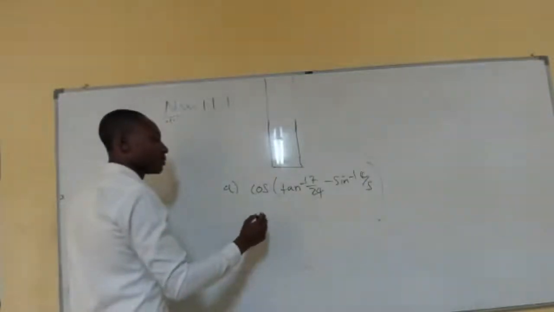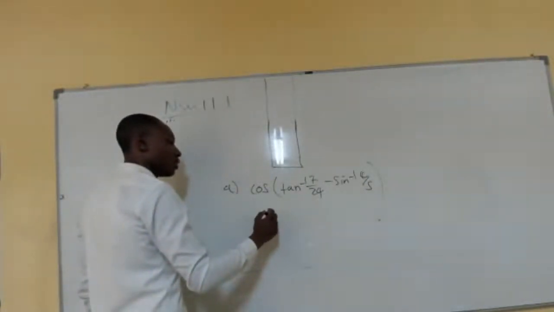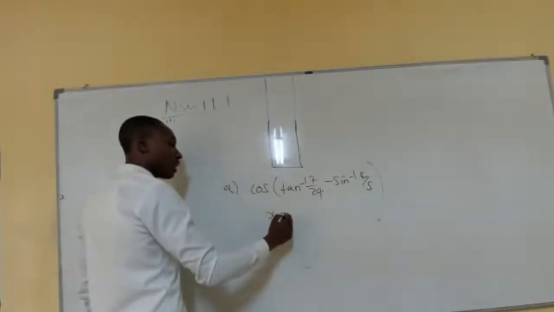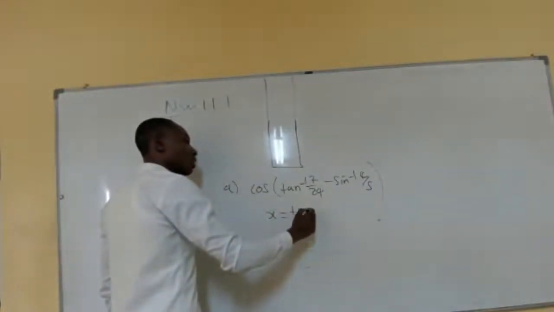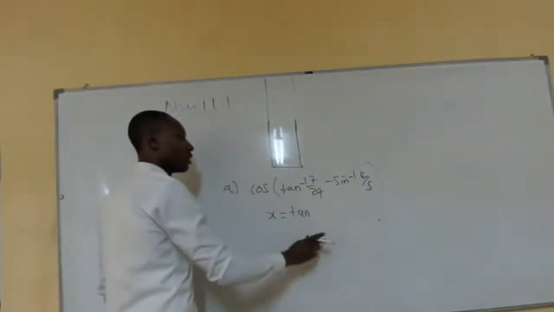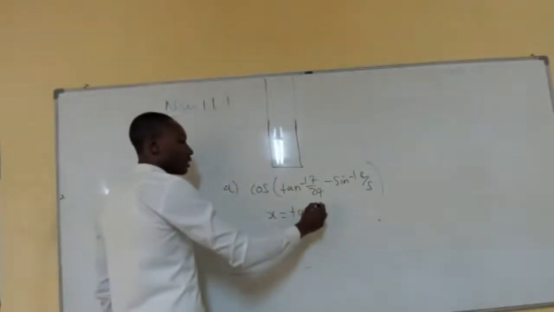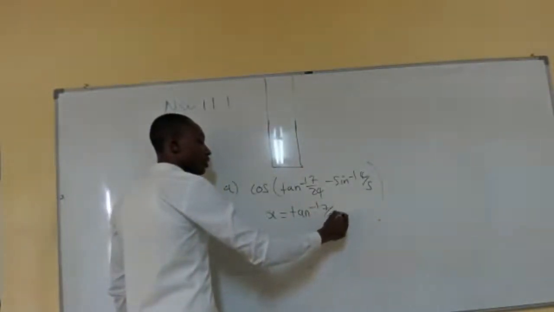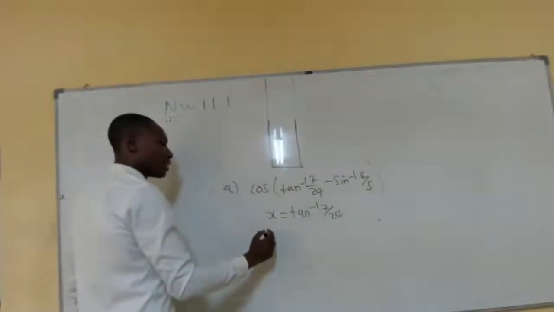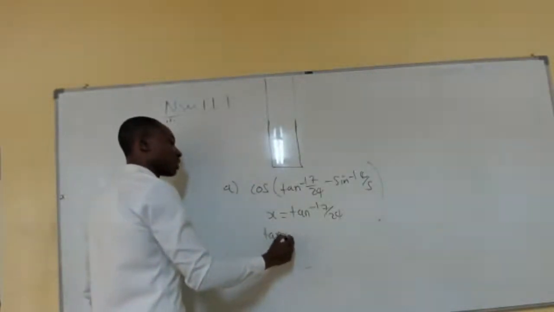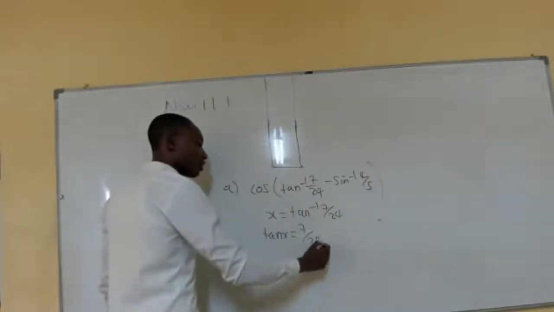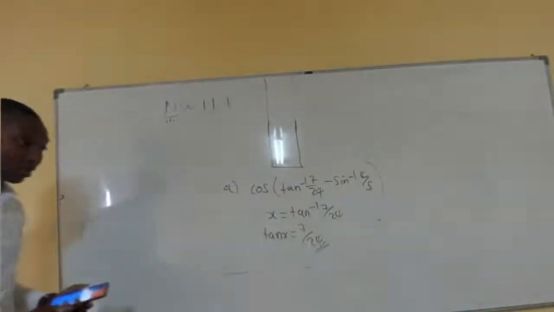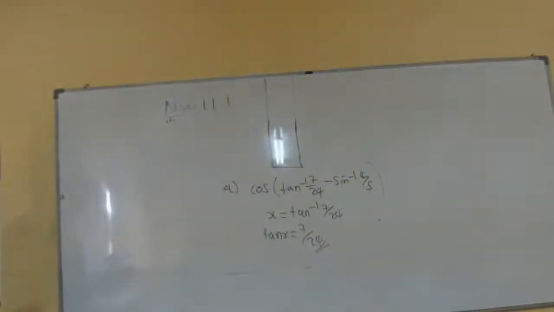We know that, let's say x is equal to tan inverse of 7/24, meaning that tan x is actually 7/24. That's how we deal with such questions.